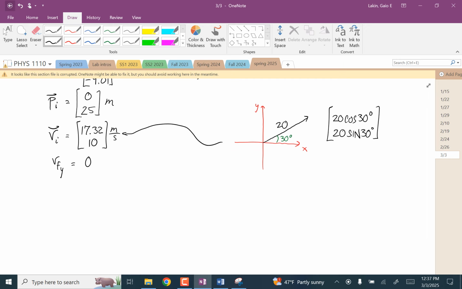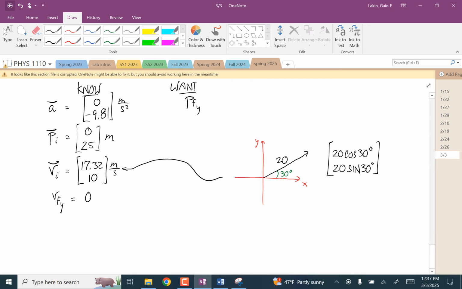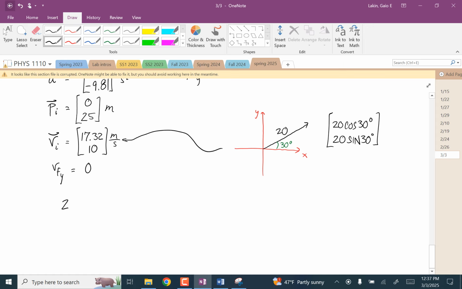All right, so is there an equation that works for these? I think the one that should work is 2ay times the quantity PFY minus PIY is equal to VFY squared minus VIY squared.